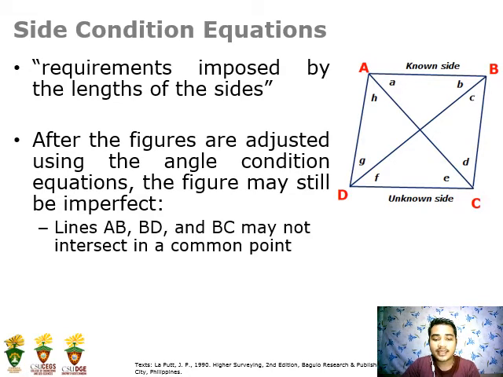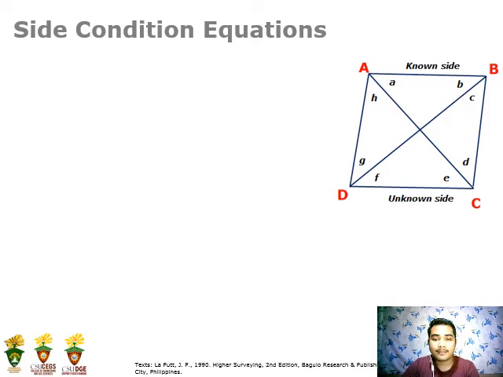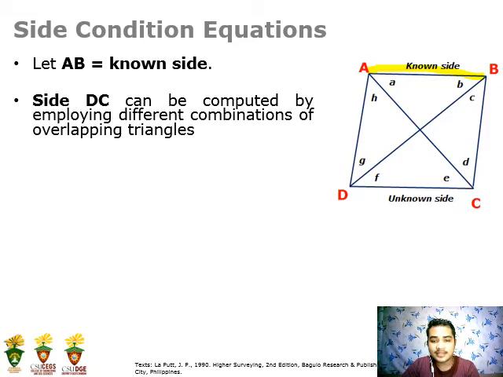So, it states that lines AB, BD, and BC may not intersect in a common point. So, dili sila magka-intersect. So further adjustment is needed to remove these inconsistencies. Alright, so let AB be the known side. So in this example, AB is the known side, and side DC can be computed by employing the different combinations of overlapping triangles.